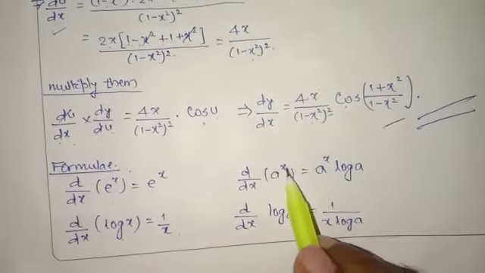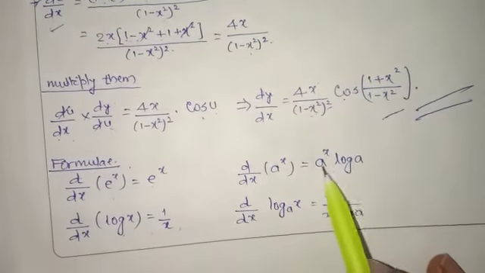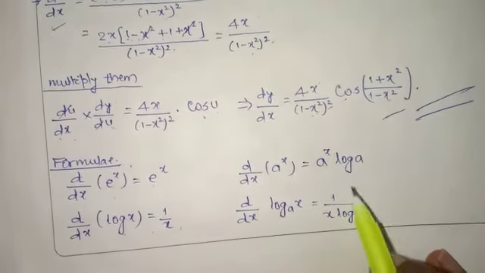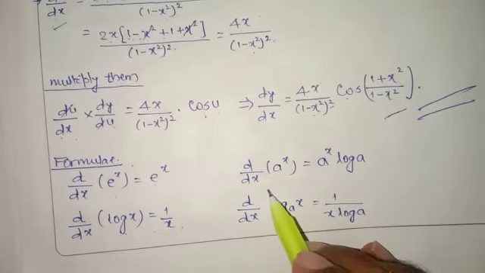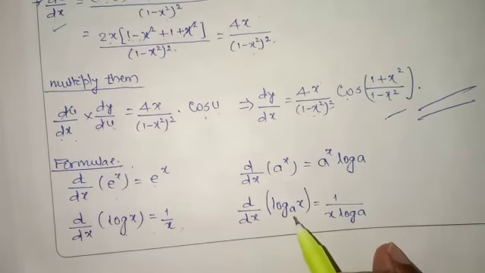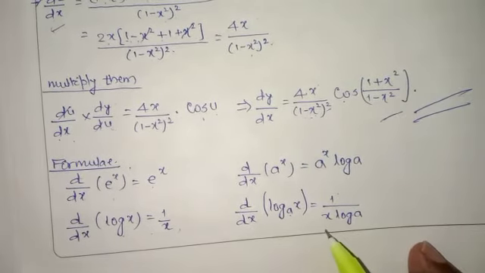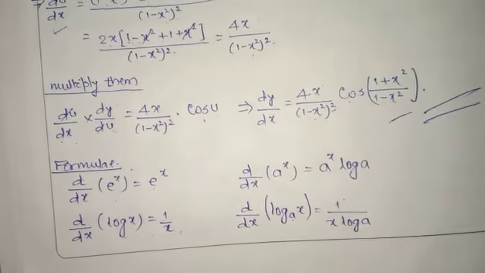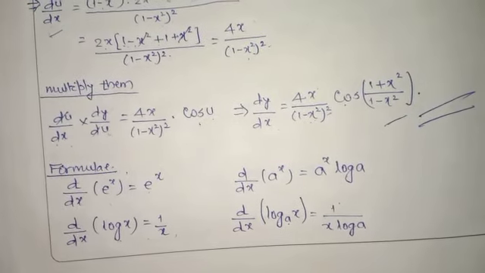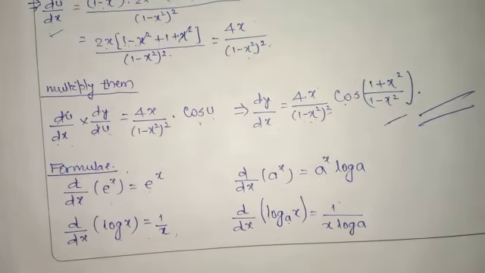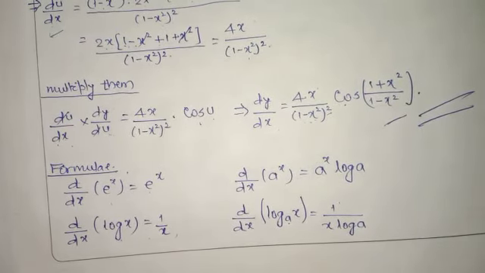Differentiation of a to the power x is a to the power x log a, and differentiation of log x to the base a is equal to 1 upon x log a. Now we proceed to some more problems regarding logarithm and exponential terms.